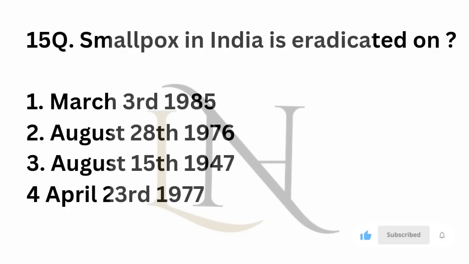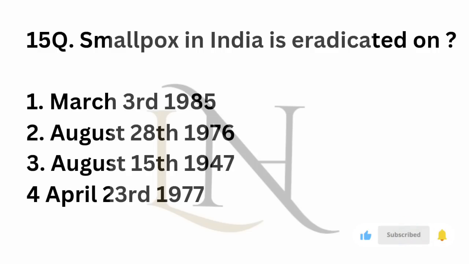Next, smallpox in India was eradicated on option 1 March 3rd 1985, option 2 August 28th 1976, option 3 August 15th 1947, option 4 April 23rd 1977.